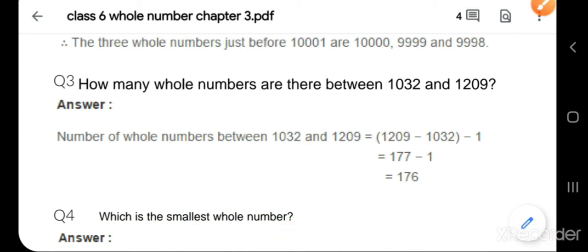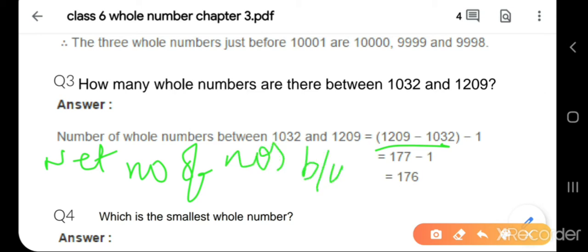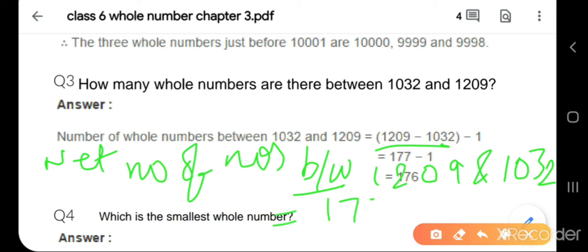I'm writing it again. First you need to find the difference of these two, and in the next step you can write the number of numbers between 1209 and 1032 equals 177 minus 1, which is 176.